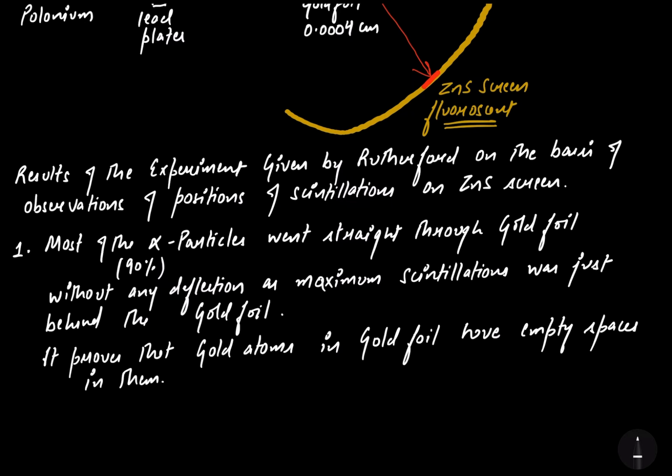I will clear this when I draw the diagram of the zoomed in atom of the gold foil. So it proves that gold atoms in a gold foil have empty spaces in them.